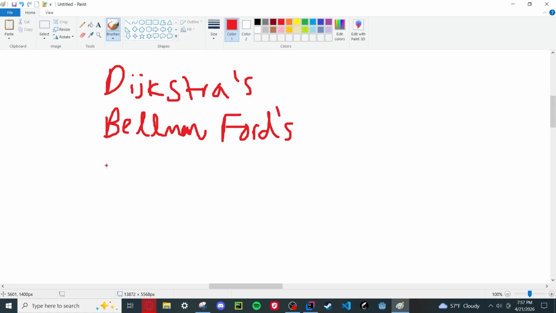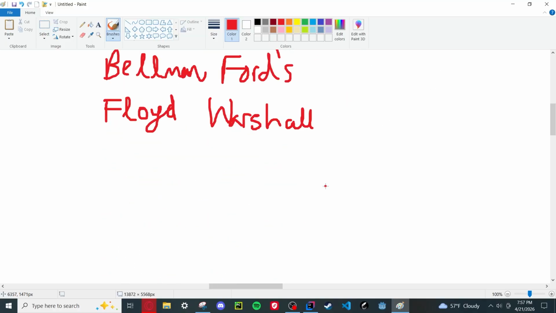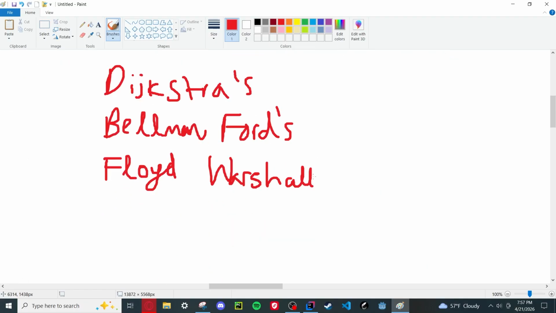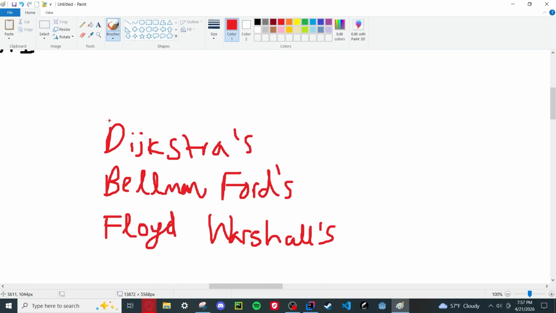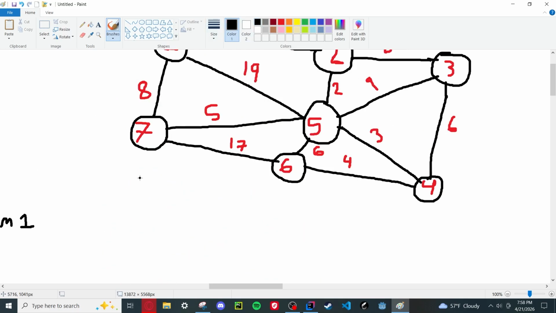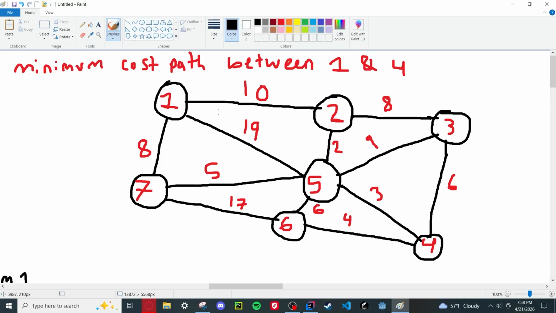And then we have Floyd-Warshall. These are the three that all kind of threw their hats in the ring. Floyd-Warshall didn't really handle this problem per se, but he handles minimum cost. We'll cover them all. These two in particular looked at the minimum cost between two vertices.